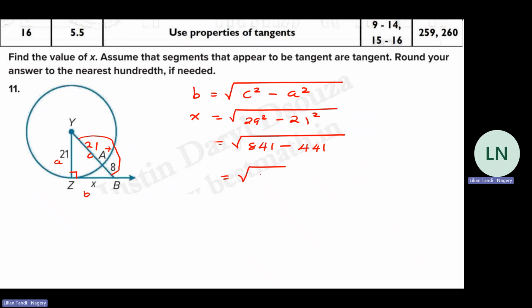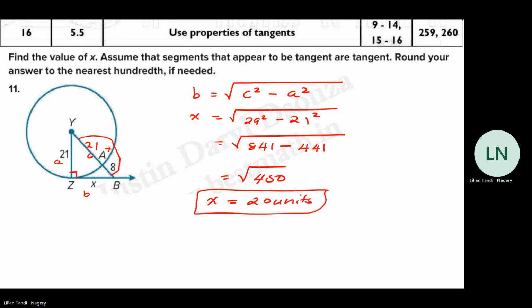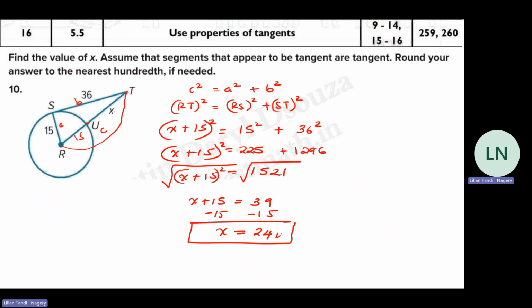So that's the square root of 400, which is 20. So X is 20 units. And I box my answer. 24 units. Okay?